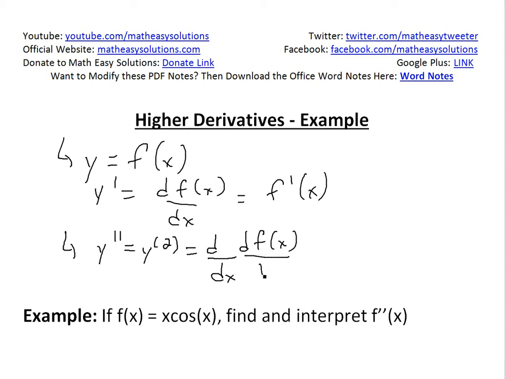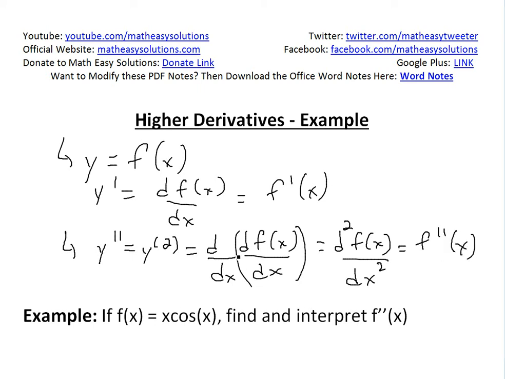So you could write it in many ways, and this would just equal, you could even write it as d squared of f of x over dx squared. So the 2 is on the d here on the derivative, and this squared is on this one here. I'll explain that in a bit. And then you could even write it as f double prime of x, or f bracket 2 of x.